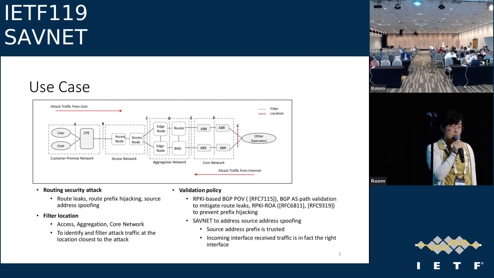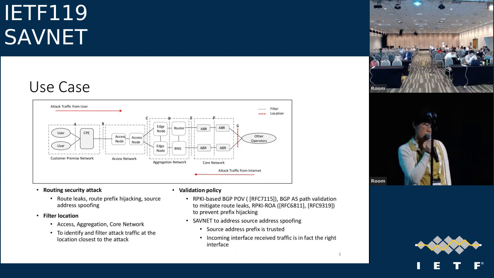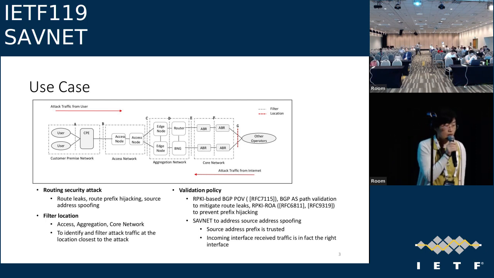The routing security threats may include route leaks, route prefix hijacking, and source address spoofing. In this draft, we're mainly concerned about the filter location at the plane which may be used or connected between different operators, as the network will involve inter-domain AS networks.